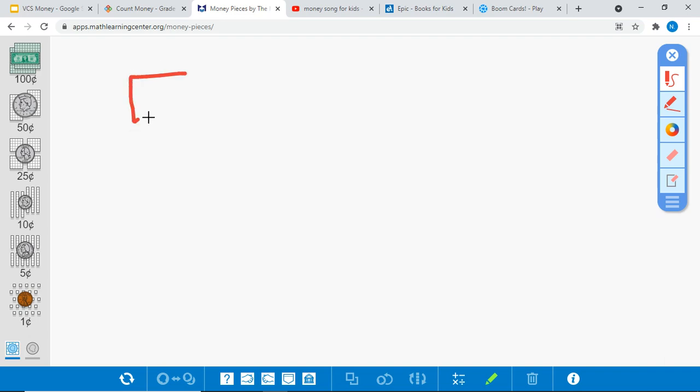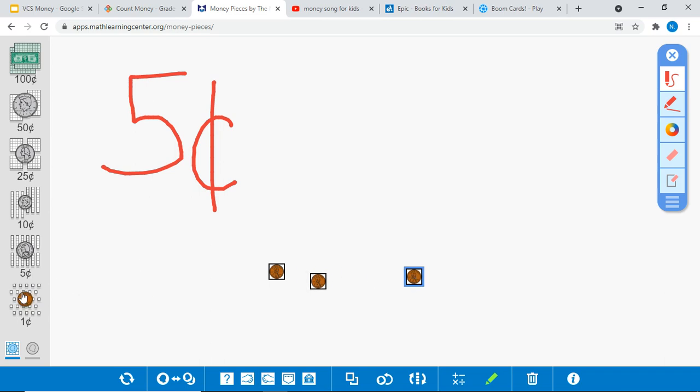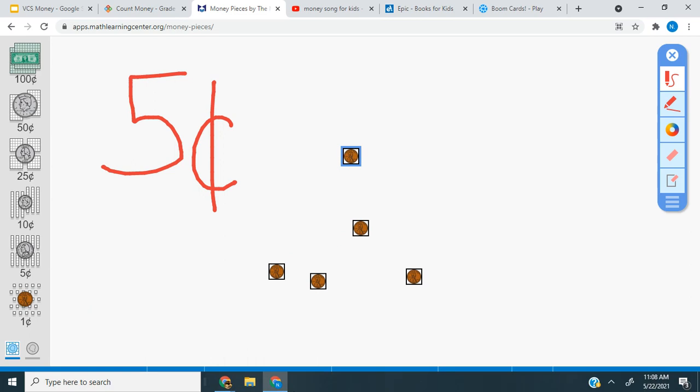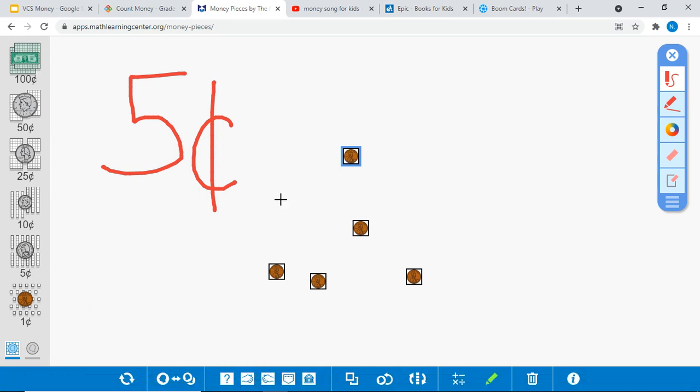And you could write 5 cents. And the students would 1, 2, drag and drop, 3, 4, 5. Or you could put 5 pennies there and have the students write to tell you the amount.